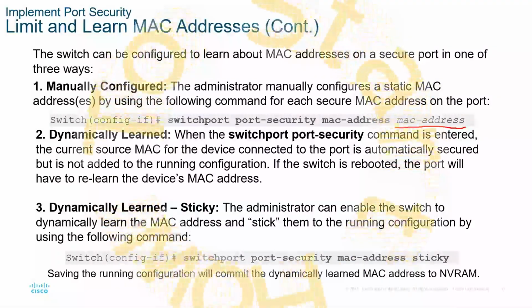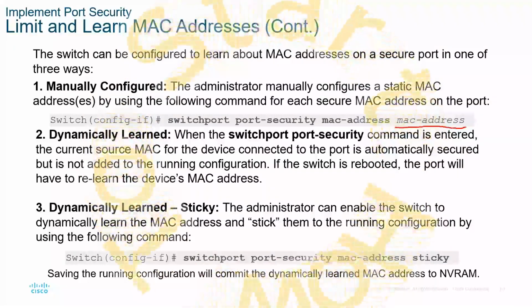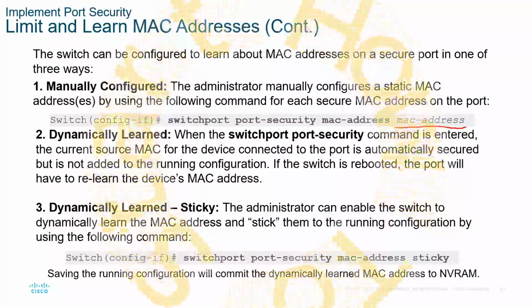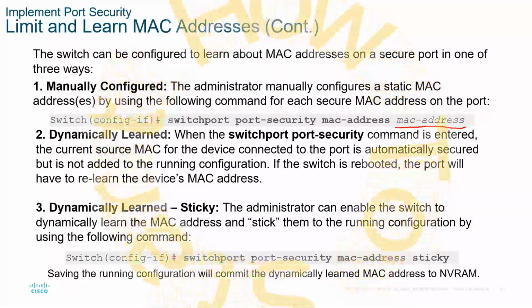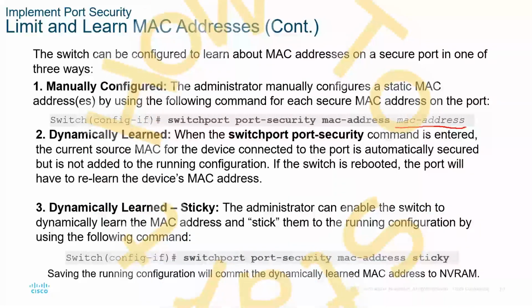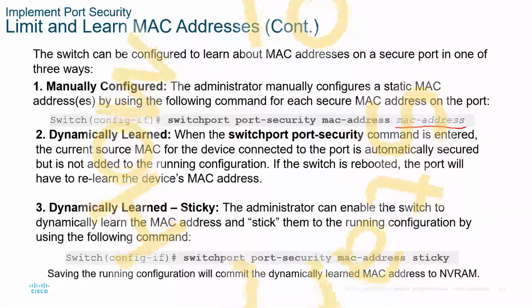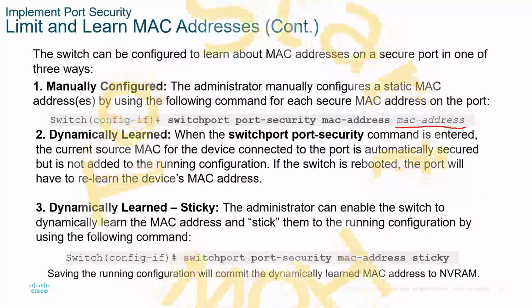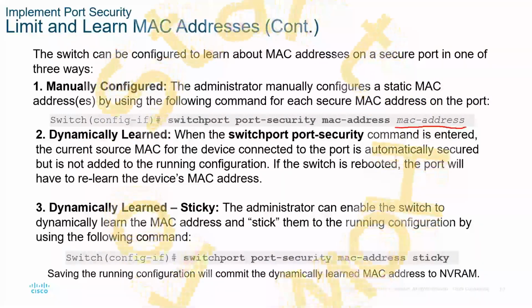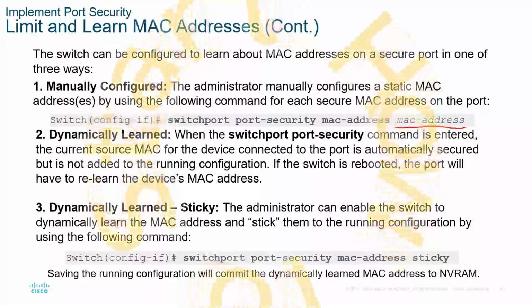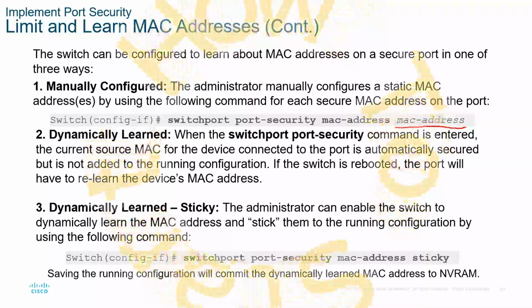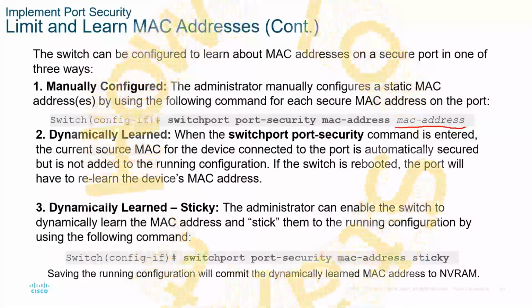That means when we do our lab for this and we configure it, you may encounter the MAC address not actually being configured. What you have to do is, the third way is use sticky. Basically, when the administrator enables the switch to dynamically learn an address, you have to stick them to the running configuration by using the switchport port-security mac-address sticky command.